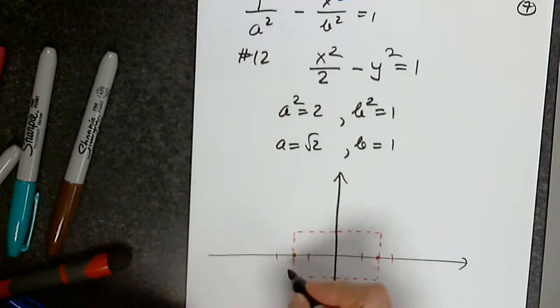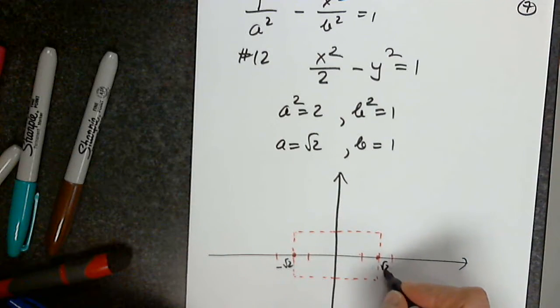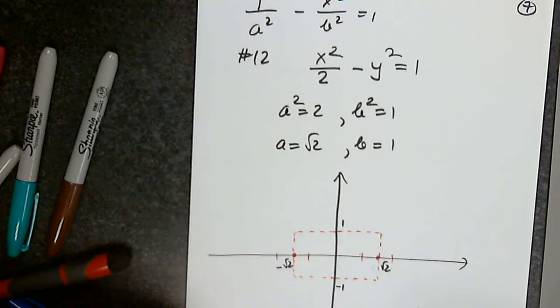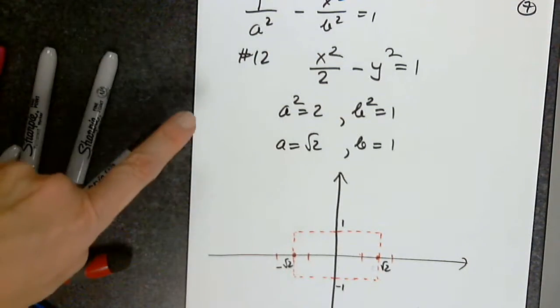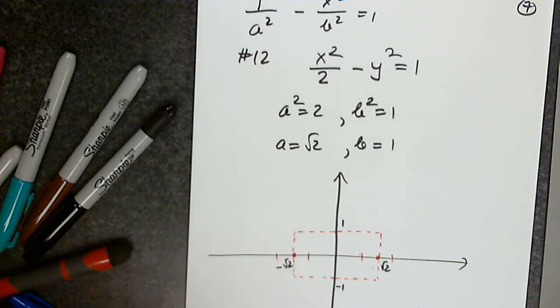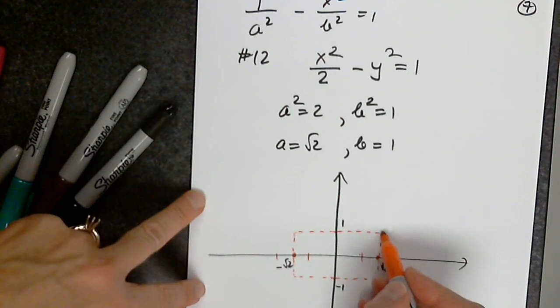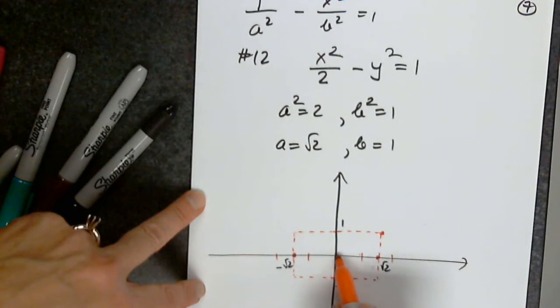So one more time, this is negative the square root of 2, and this is the square root of 2, and this is 1, and this is negative 1. I'm going to draw next what? The asymptotes, very good. And they have to go through this corner, the center, and the opposite corner.